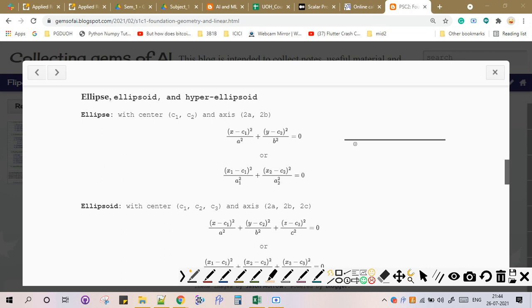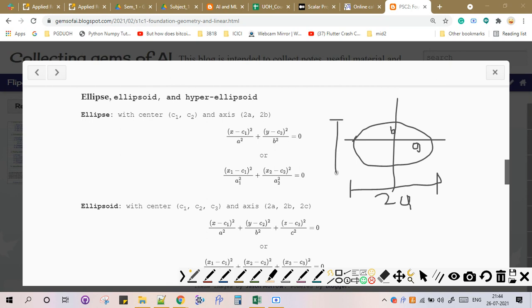So if this is the ellipse, then this distance is 2a, the whole distance. If you think in terms of radius in a circle, it is a, but here it is b, so this much distance is 2b. So this is major, this is minor.